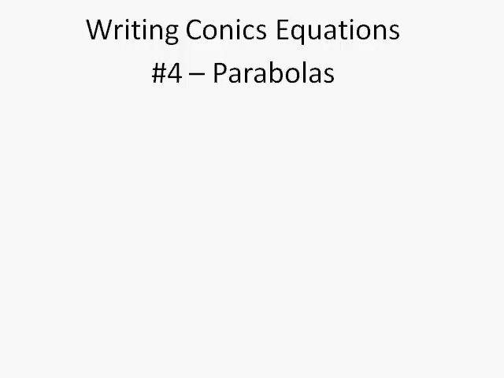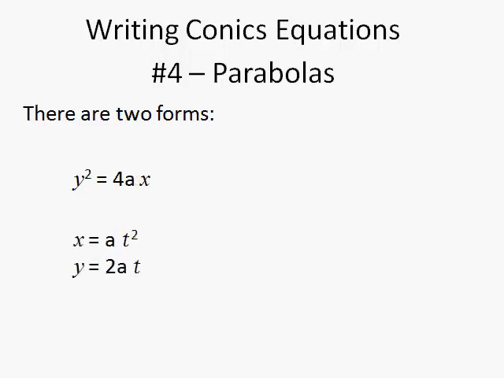Now we're looking at the last of the types of conics, parabolas, which of course is the one that you're most familiar with from last year. And there are two forms of the equation, as with all the conics: the standard form, looking very much like you're used to, and the parametric form.